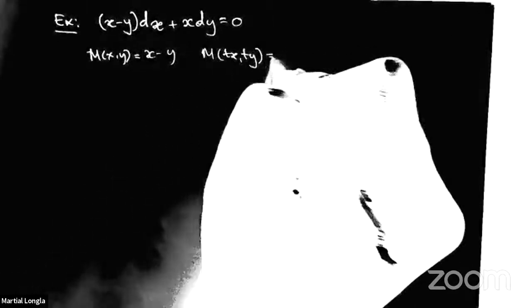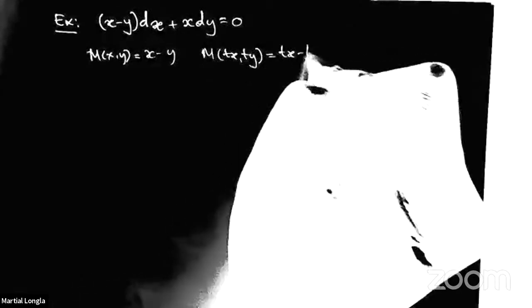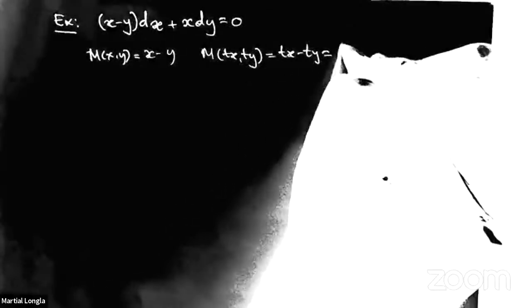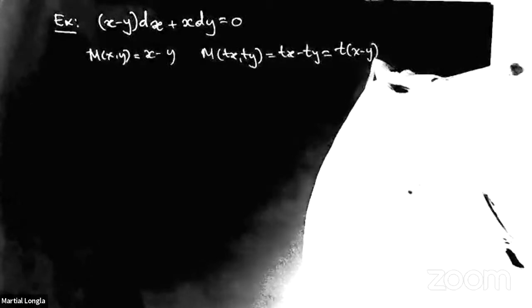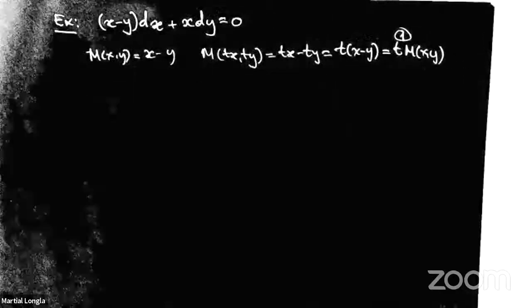And if you check that, you would see that if you take M of (x, y), that is x minus y, M of (tx, ty) is going to be t times x minus t times y, and you factor out the t, you get t times M of (x, y), exactly as you said. That's homogeneous of degree 1.